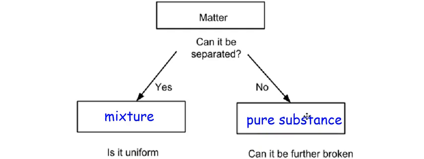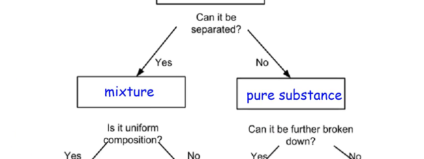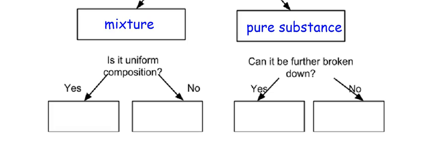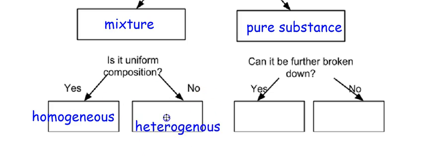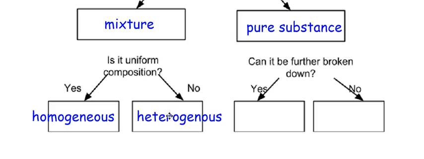We can't further separate them apart. So next, let's look at the mixture. If it is uniform, and if you think of that prefix homogeneous, homo, it does mean the same or alike. So if you have homogeneous milk, it's all the same throughout. If it's not uniform, then we call it heterogeneous, all right? And that would be your chicken soup, okay?